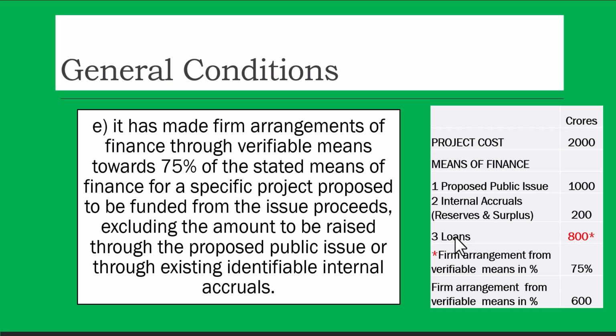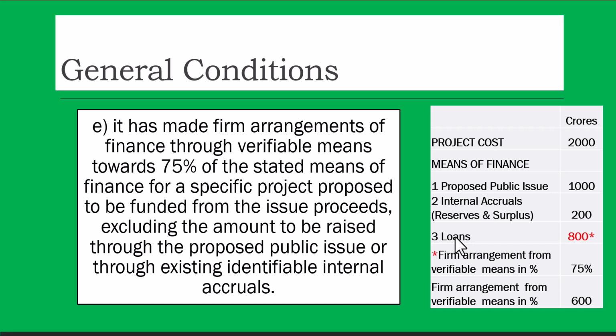So now if you read that, it has made firm arrangement of finance through verifiable means. That means they have a confirming letter from the bank that at least 75% of the stated means of finance for a specific project to be funded from the issue proceeds, excluding the amount to be raised through the proposed public issue or through existing identifiable internal accruals. Which means excluding the 1,000 crores, which is the public issue, and 200 crores, which is the internal accruals.